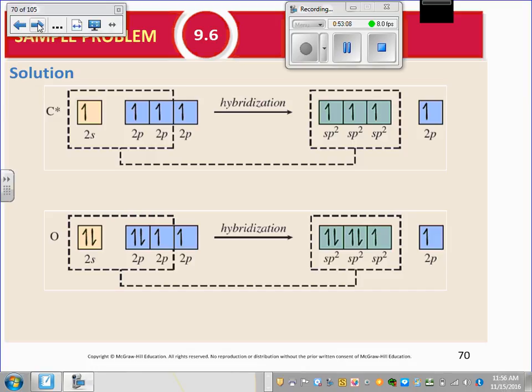So here's 2 here, 2 here. What about the p's in both of them? So here's the p. I'm going to kind of draw it. There's the p electron for the carbon. Oxygen has 1.